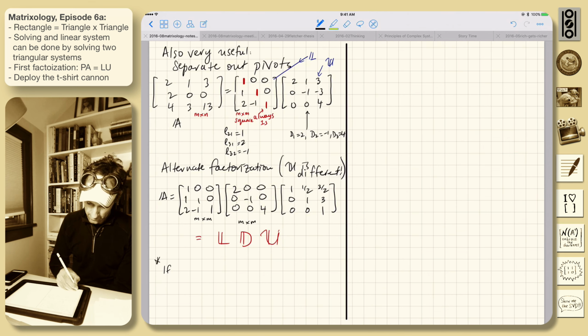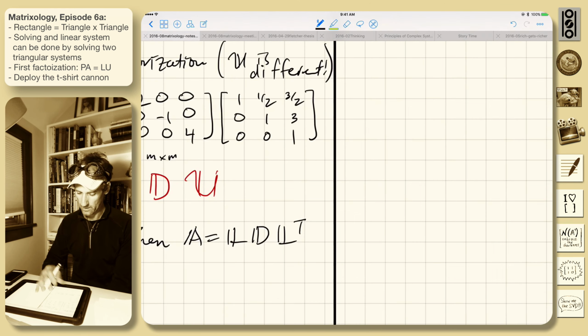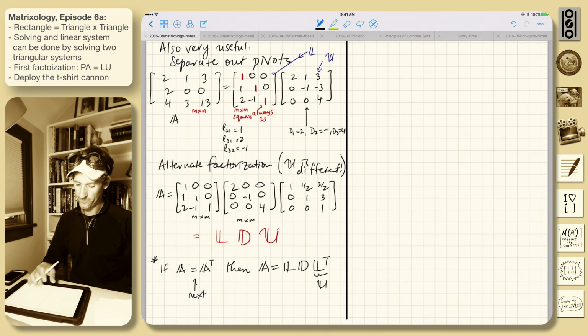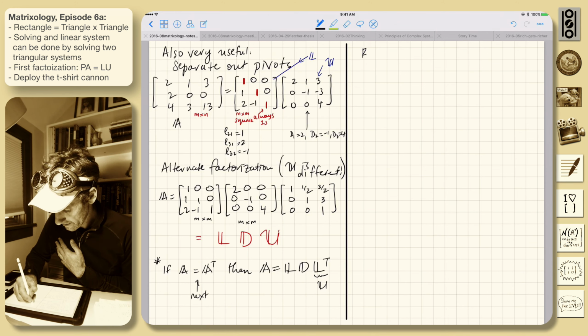If A equals A transpose, this is next. I know it's a little crazy. Then A equals L D L transpose. And you'll see some more goodness about that. This is equal to U. So it's a bad sort of notation issue.